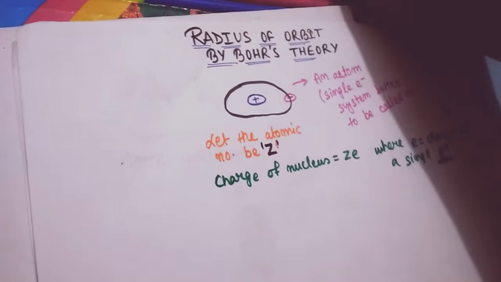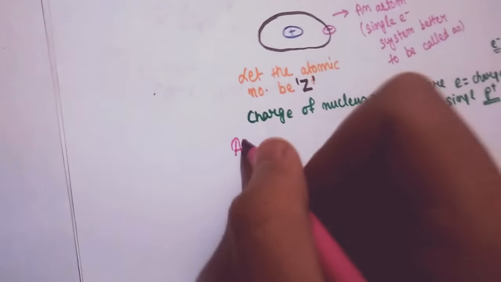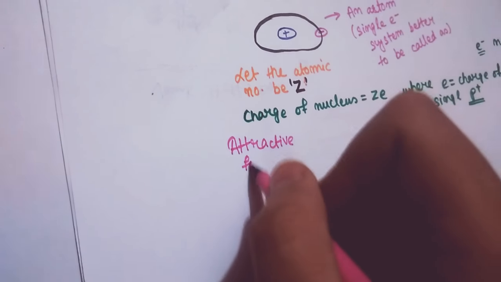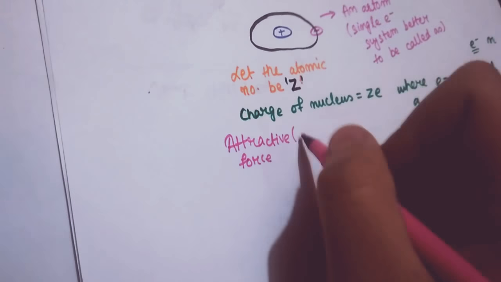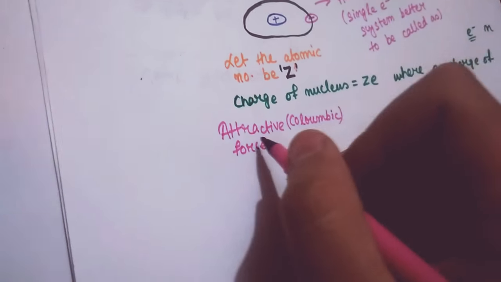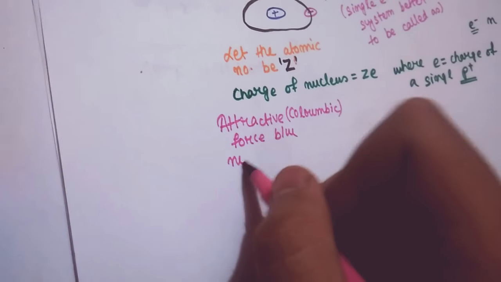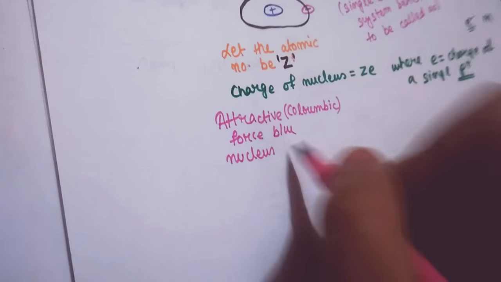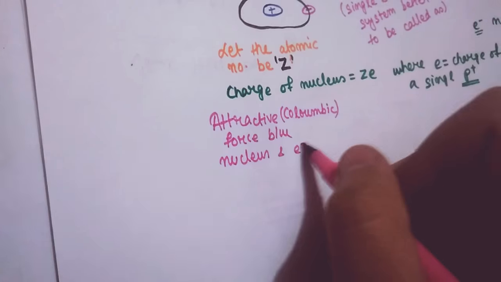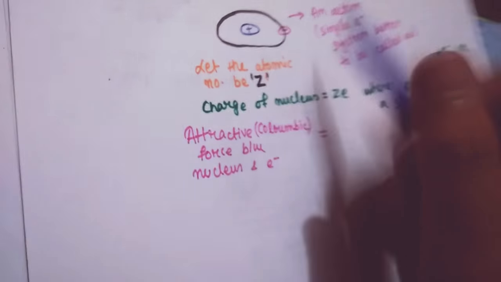Now what Bohr's theory states is that the attractive coulombic force between the nucleus and the electron must be equal to the centrifugal force.